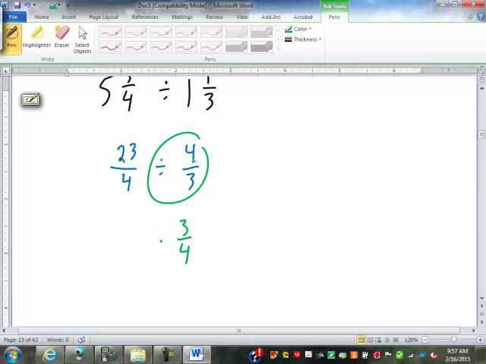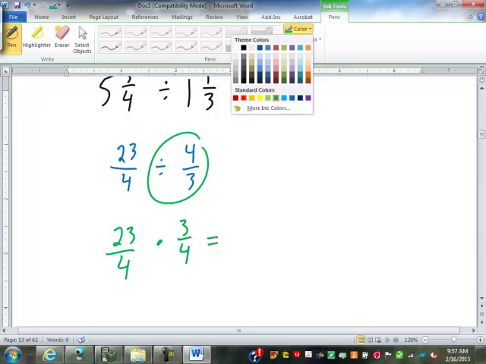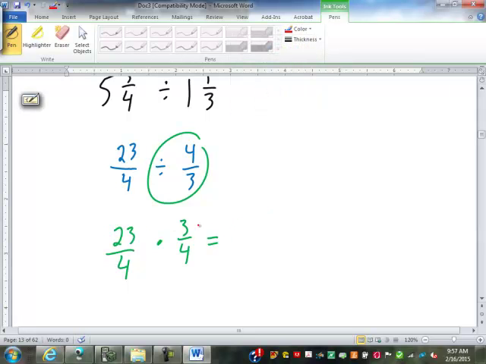Take the reciprocal of the 4/3, it becomes 3/4. Now it's 23/4 times 3/4. 23 times 3 is 69. 4 times 4 is 16. And that does reduce to 4 5/16. Cool.